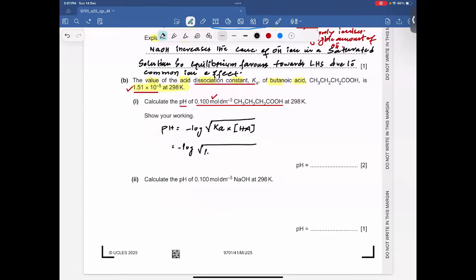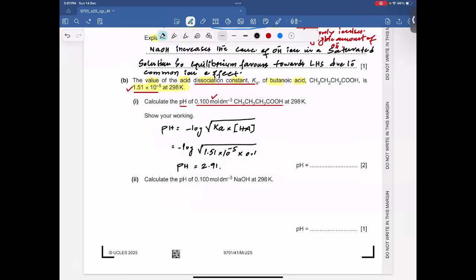The value of Ka is 1.51 into 10 to the power minus 5 into concentration of acid is 0.1. So the value of pH is going to be, I think, 2.91.